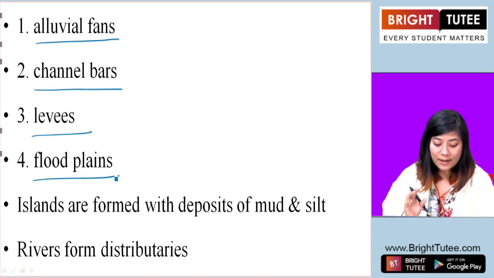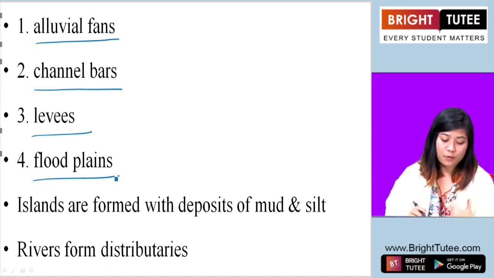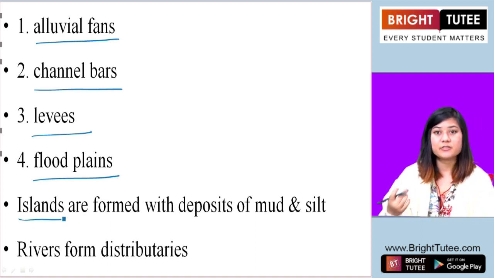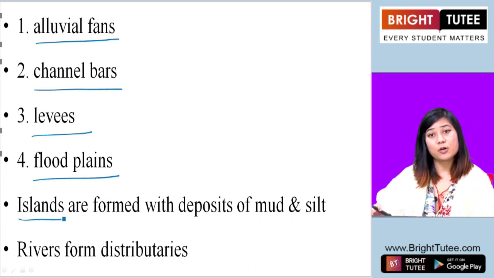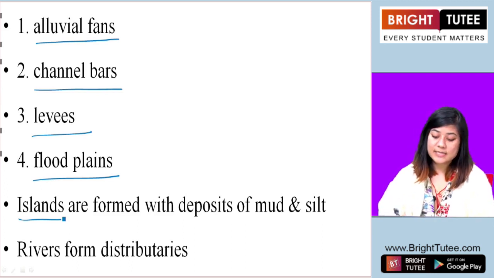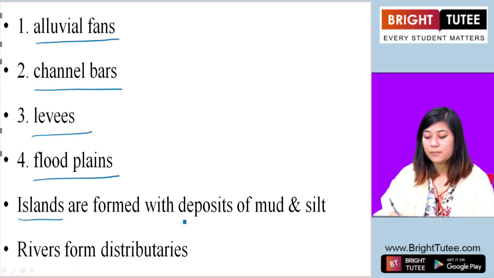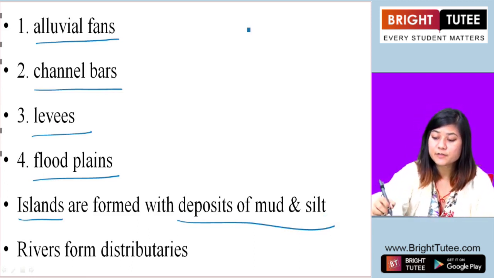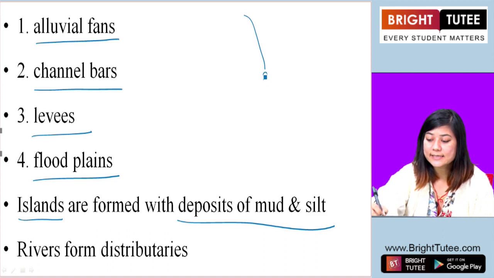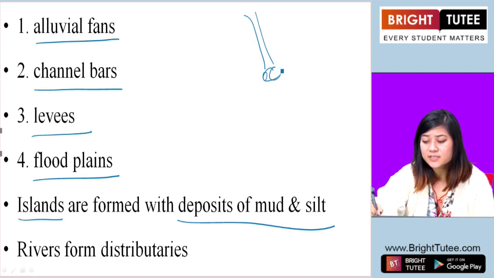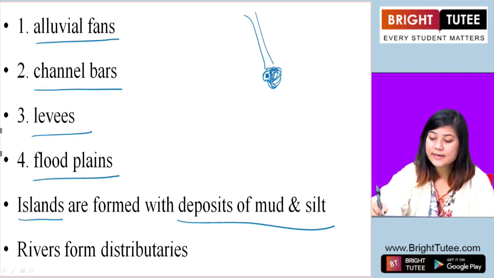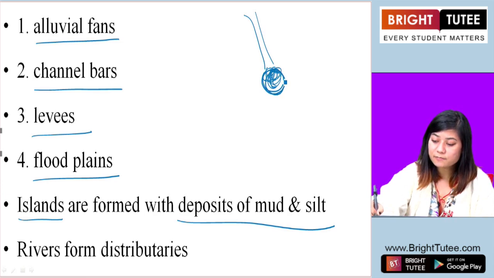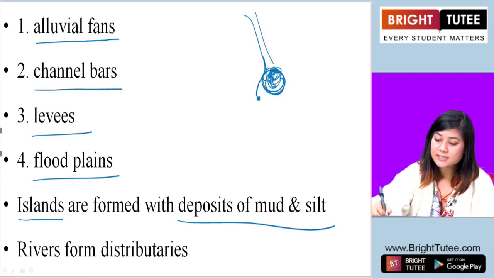Okay. Now apart from these, there are also formations of islands as a result of the rivers depositing the alluvium. These islands are formed with deposits of mud and silt over time, right? If the rivers flow and they keep depositing the silt and alluvium, then an island is formed. And when that island is formed, then the river takes a detour.